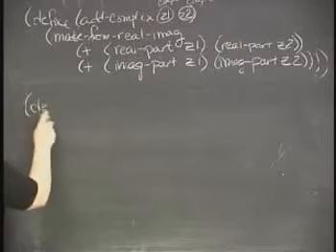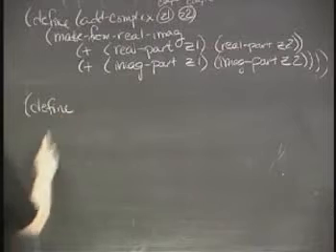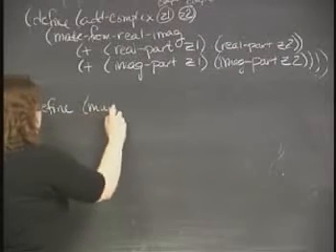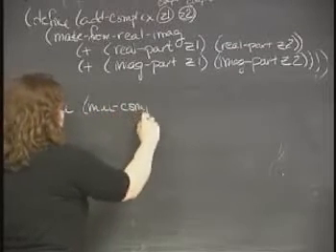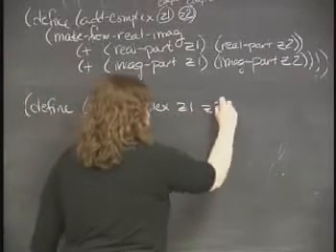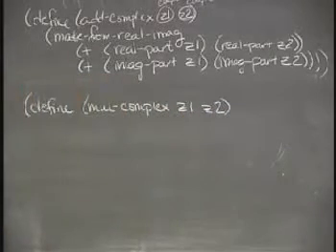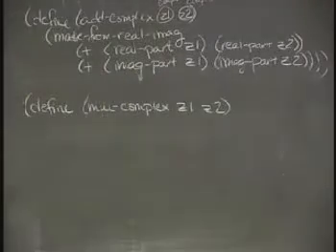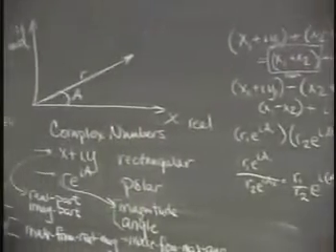Now, how would we multiply two complex numbers? And let's assume that they're in polar form. So they're going to be in this land, which means we've got these selectors and that constructor. So what are we going to do?